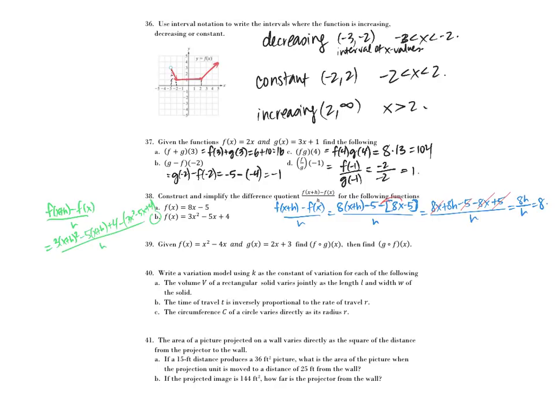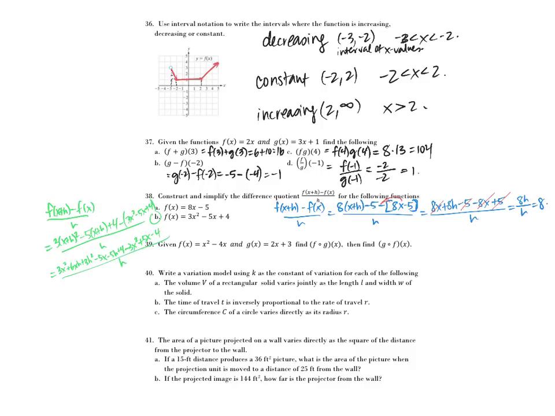All of that divided by h. So let's see here. When I get this, I'll have 3x squared plus 6xh plus 3h squared minus 5x minus 5h plus 4 minus 3x squared plus 5x minus 4, all over h.